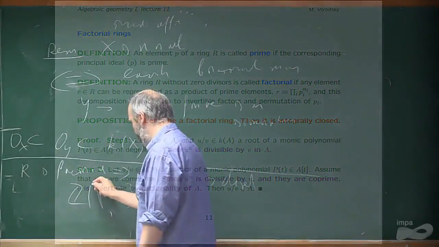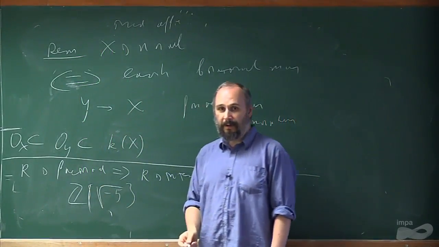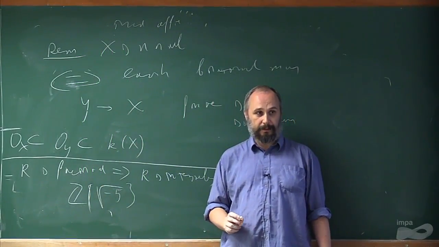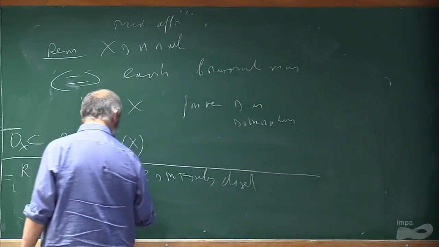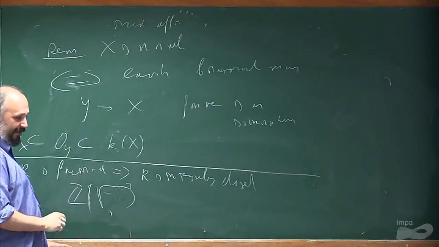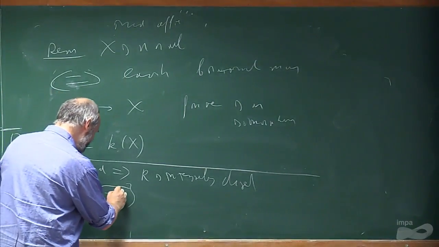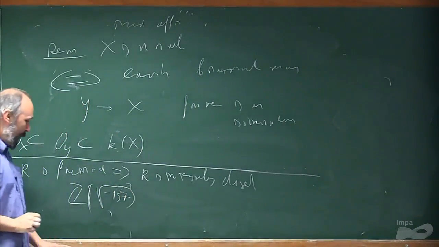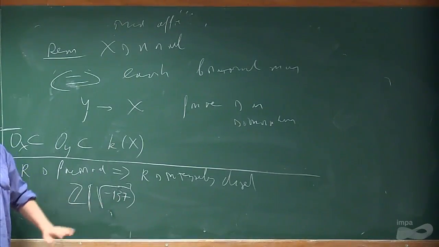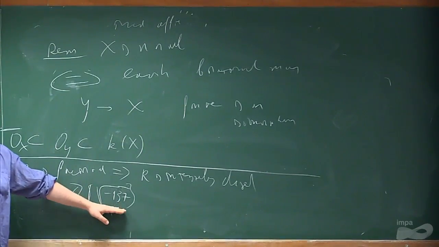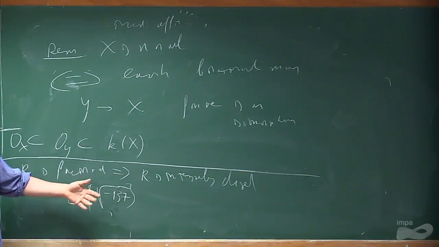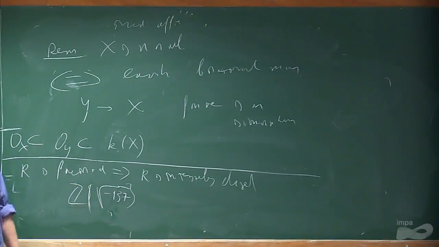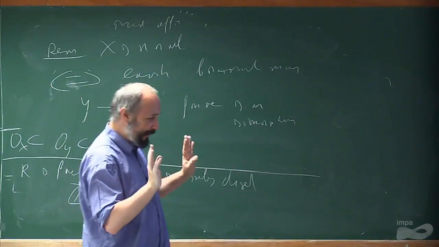I think already with 5 this won't be factorial, but it is integrally closed, I think. Let's write some very big prime number; the probability is almost 0 that it is factorial. I think there are maybe finitely many factorial primes for this. And for big primes, they are definitely integrally closed. It's an easy exercise for you.